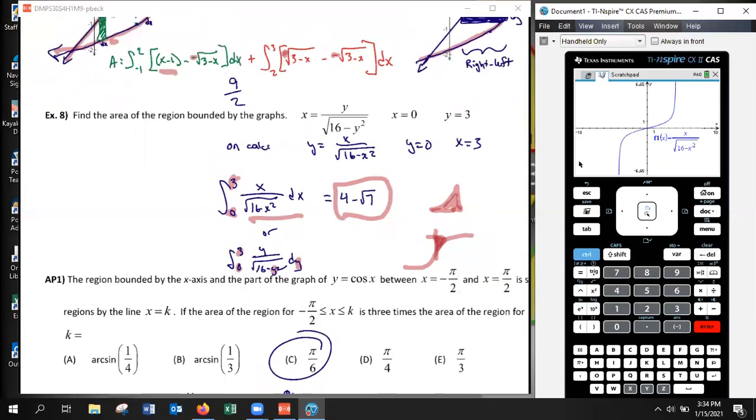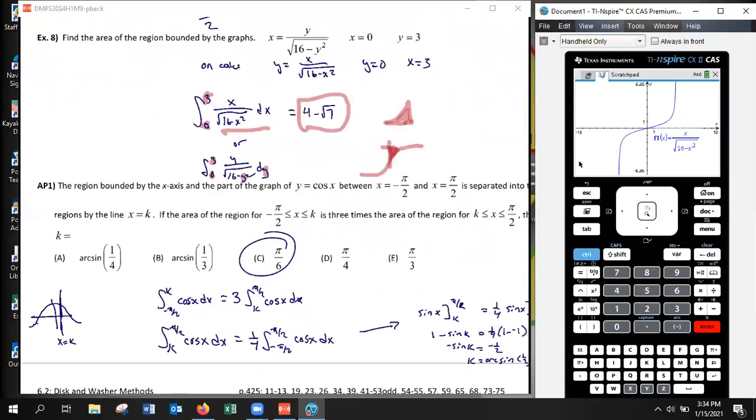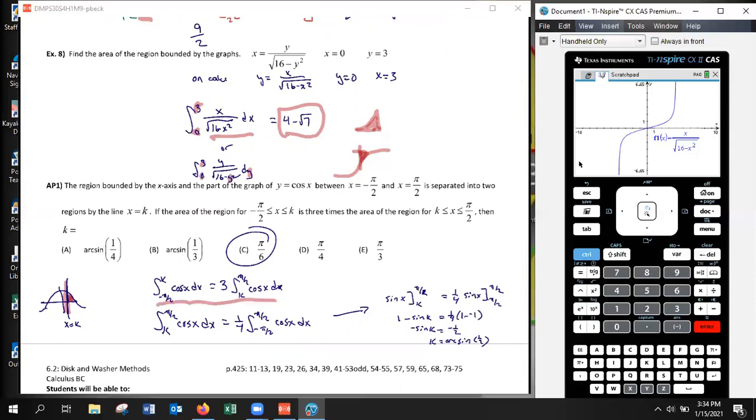We do have this AP problem right here, where we have a region bounded by the x-axis and part of y equals cosine of x between those two x values. In this case, we're separating two regions by x equals k, where the larger region is 3 times the smaller region. So you can set up the problem that way, and that'll work.